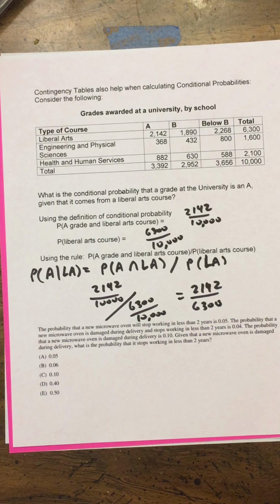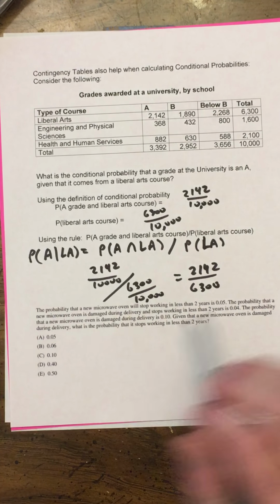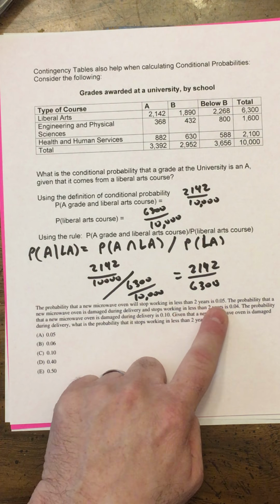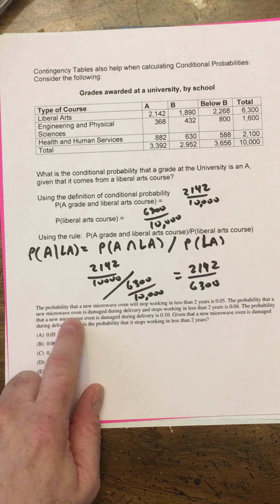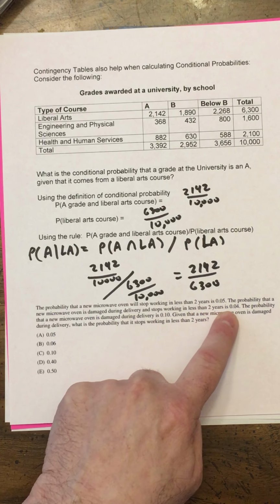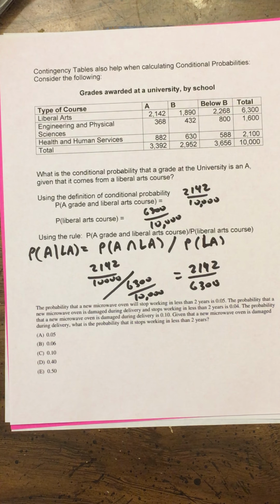Okay, let's take a look at this next problem. It's a little small, but hopefully you can read it on your paper. The probability that a new microwave oven will stop working in less than 2 years is 0.05. The probability that a new microwave oven is damaged during delivery and stops working in less than 2 years is 0.04. The probability that a new microwave oven is damaged during delivery is 0.1.